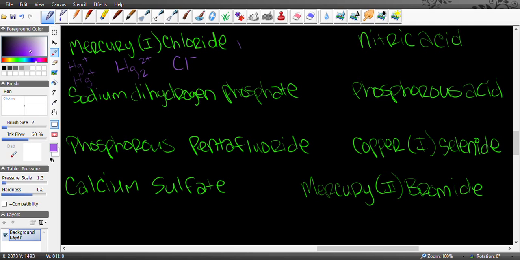So I have positive 2 plus negative 1 x equals 0. I'm going to need x to equal 2. So my formula should be Hg2Cl2, right? That should be my formula. Okay, moving on. Nitric acid.